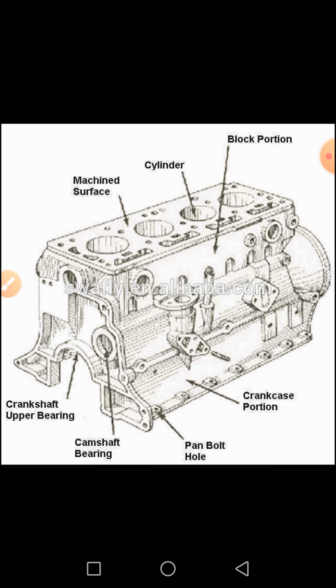Casting means we will melt the metal into molten stage and pour it into a die. Die means the desired shape of the cylinder block. Then we will solidify the molten metal. Then we will get the product, that is the casting product. These are the details of cylinder block.